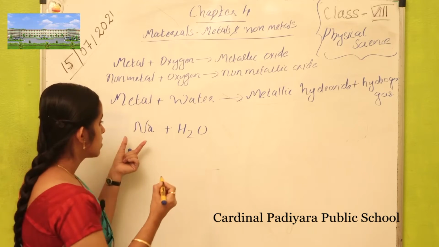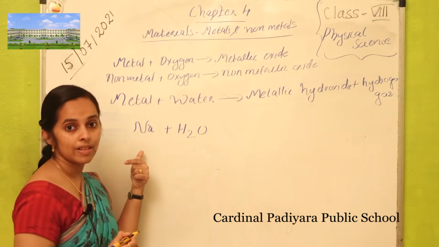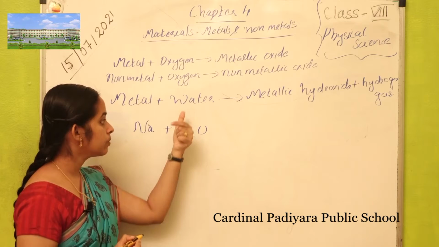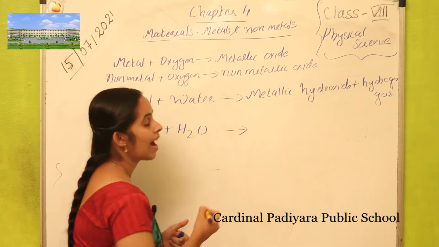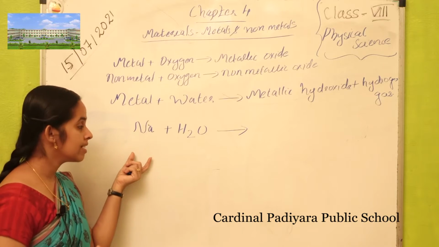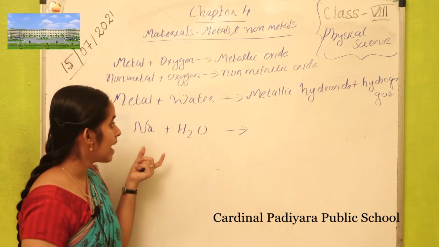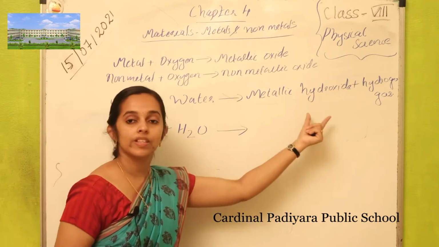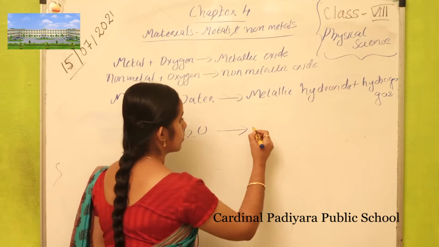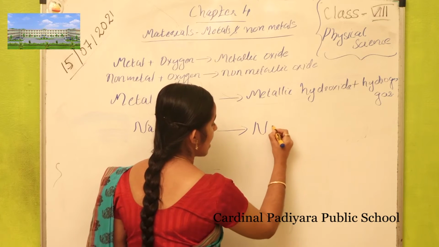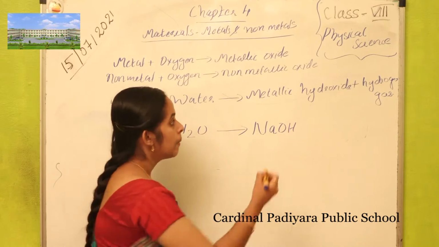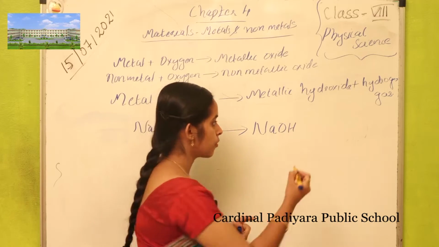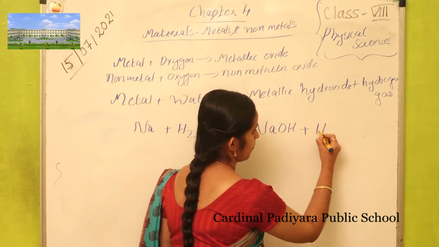Sodium, Na, reacting with water, H2O, to give metallic hydroxide. What is the metal here? Sodium is the metal. So sodium hydroxide, NaOH, is forming here, plus hydrogen gas is forming, that is H2.